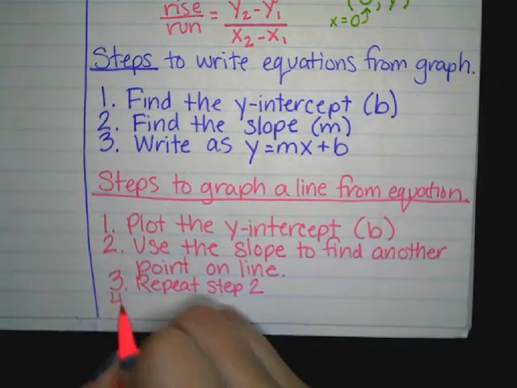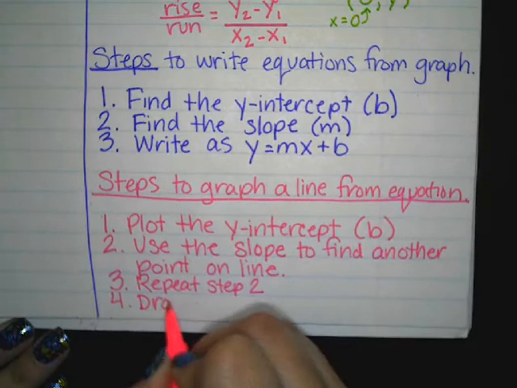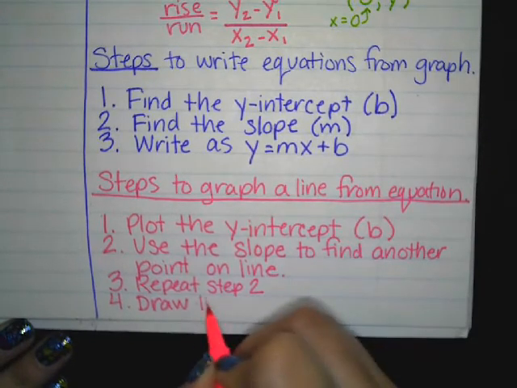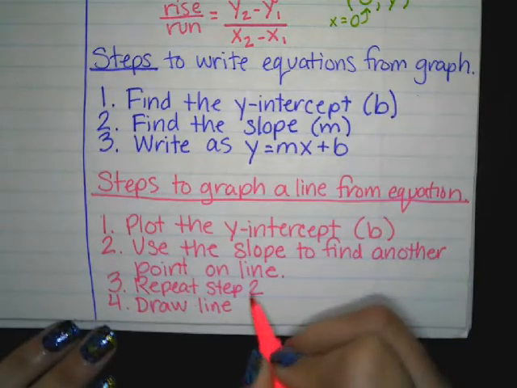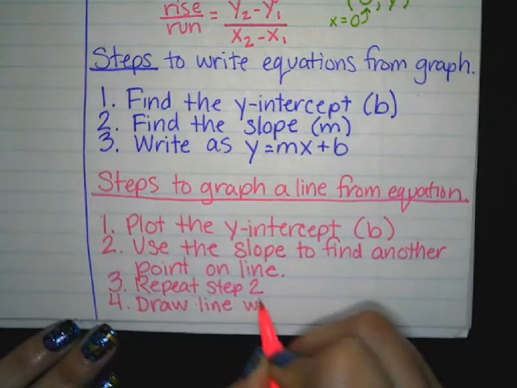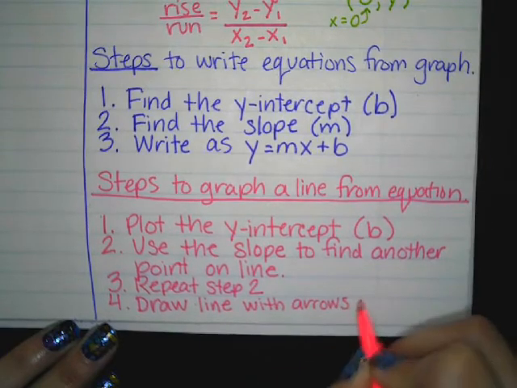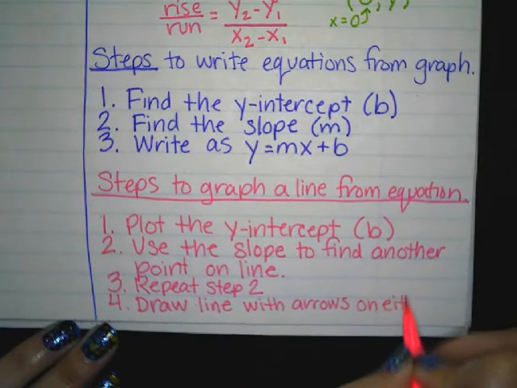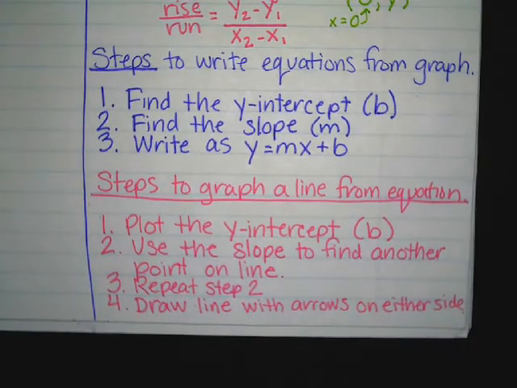And then the final step is to draw your line, use a straight edge, and then you're going to end it with arrows on either side, because this line is going to go on and on forever, in either direction. Okay, so you have to have your arrows. It doesn't just draw a little segment and stop.